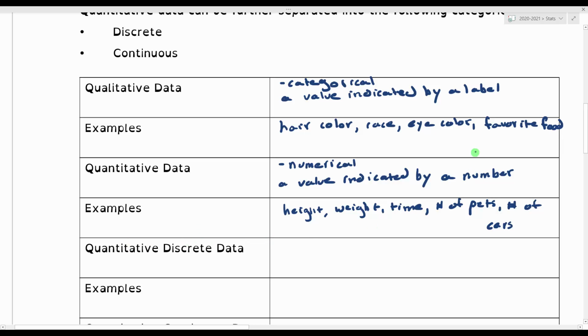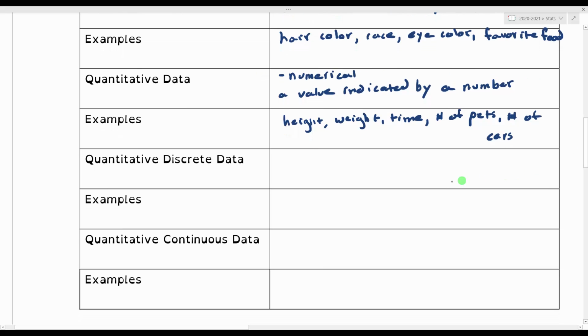Quantitative data can be further divided into two more categories called discrete and continuous. When we talk about discrete data, I like to put some bullet points here with how we identify it. Discrete data is something that is countable, and it results from counting something. For instance, you might count the number of pets, or the number of cars that someone has.